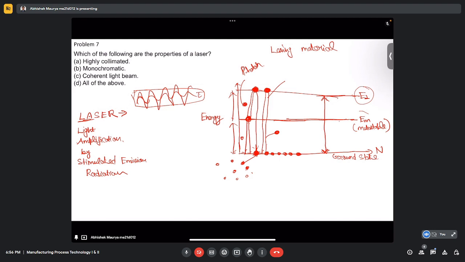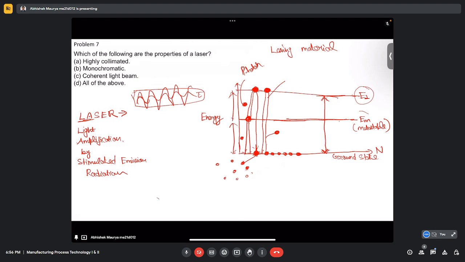But whatever photons come by themselves, if we do not do anything, the light or the photons which come out will not be coherent, they will not be in the same phase, and it is not possible to amplify them, because they are not in the same phase.